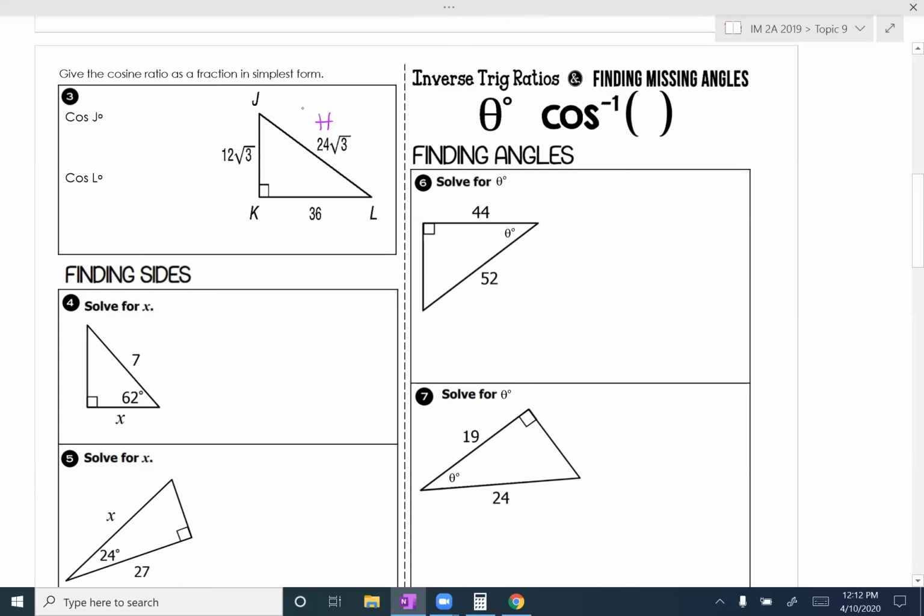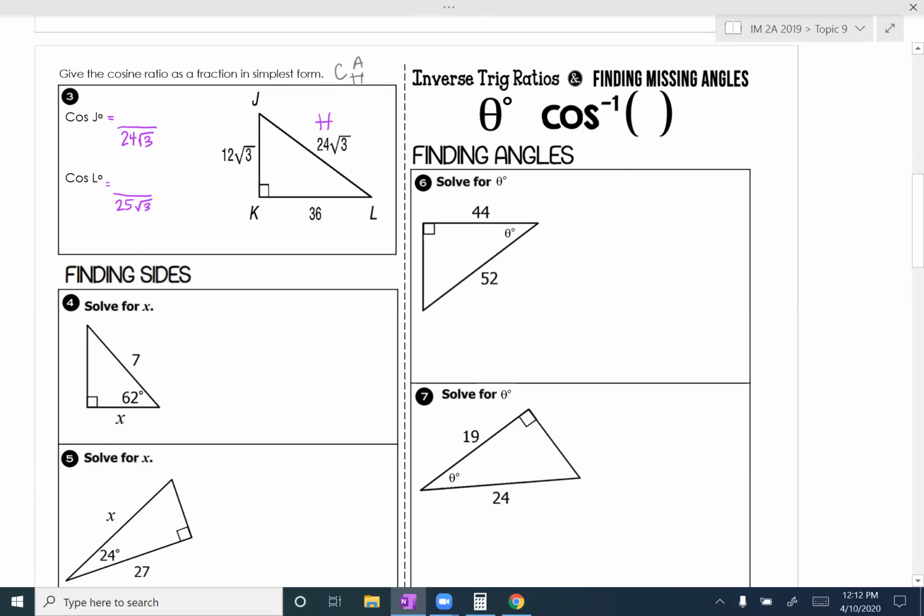So when I'm finding the trig ratios, that tells me that 24 radical 3 is going to be the denominator for both of them. Hypotenuse is the only one that I know for sure is going to be the same no matter what. So when I'm doing the idea that C equals A over H, H never changes depending on the angle.